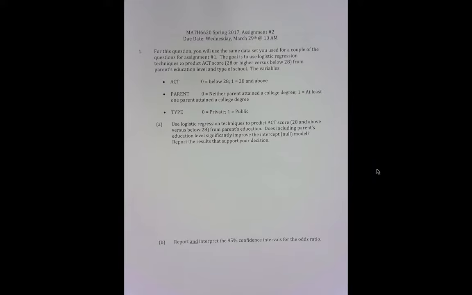Most of you got this right, so it's not going to be any surprise to you. Now, does including parents' education level significantly improve the model? So yes, including parents' education level does.